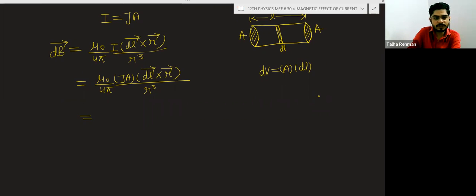When you do further calculation, you get mu naught divided by 4 pi. From here, area into dl, when you open it, you write JA, and open it again: dl r into sine theta divided by r cube.